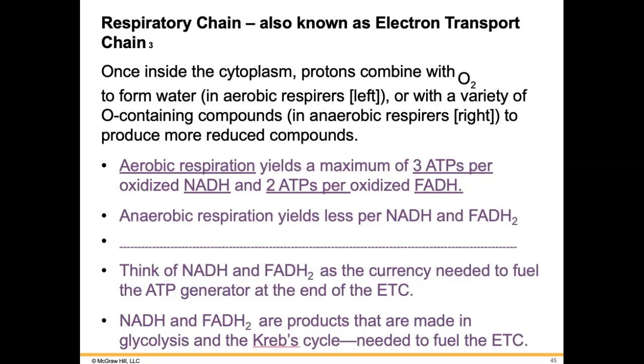Think of NADH and FADH as the currency needed to fuel the ATP generator at the end of the ETC. We need the NADH and the FADH to enter in to wind up the ATP generator. NADH and FADH2 are products that are made during glycolysis and the Krebs cycle, and they are needed to fuel the ETC.